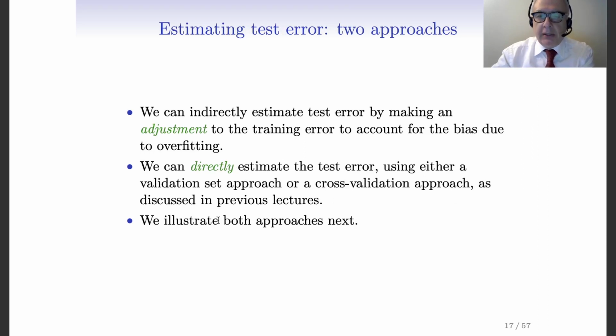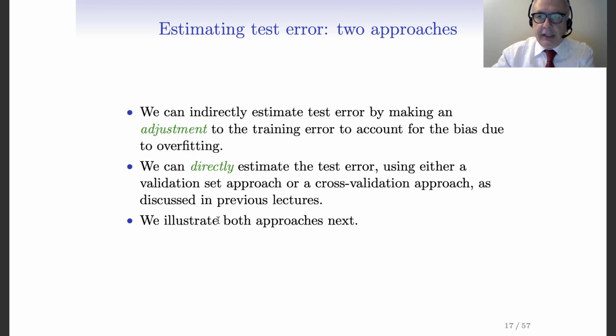We can indirectly estimate the test error by adjusting the training error in order to account for overfitting. So we start from the training error, but we introduce some adjustments in such a way to penalize models that are overly complex.